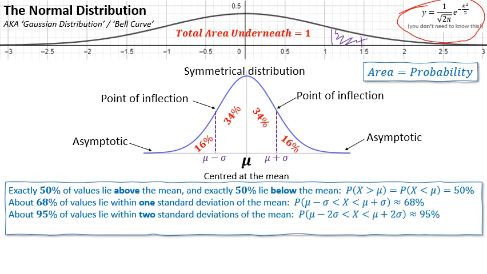If you go further afield, if you jump to 2 standard deviations above and 2 standard deviations below the mean, you're now encompassing about 95% of the population. So somewhere in between those two, somewhere between 1 standard deviation and 2 standard deviations, is where you would find the quartiles.